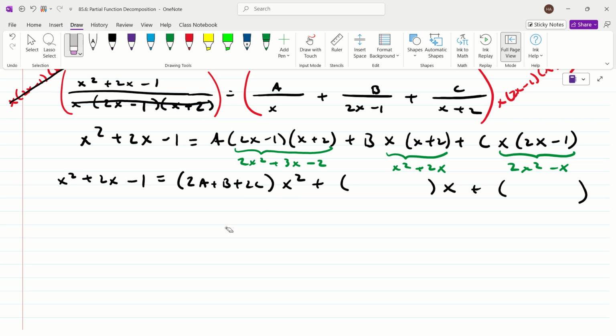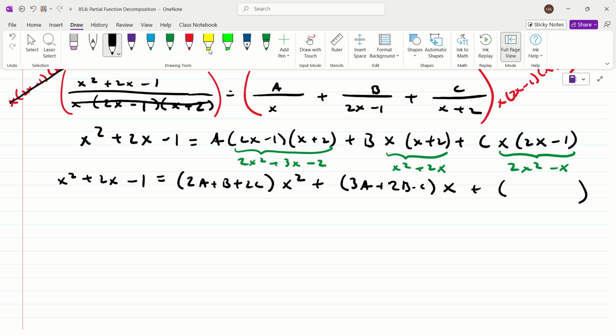I'll continue this process and look at what I get for my linear terms, things with an x. I'll have a 3ax for that guy. I'll have a 2bx for that guy. And a negative cx for that guy.